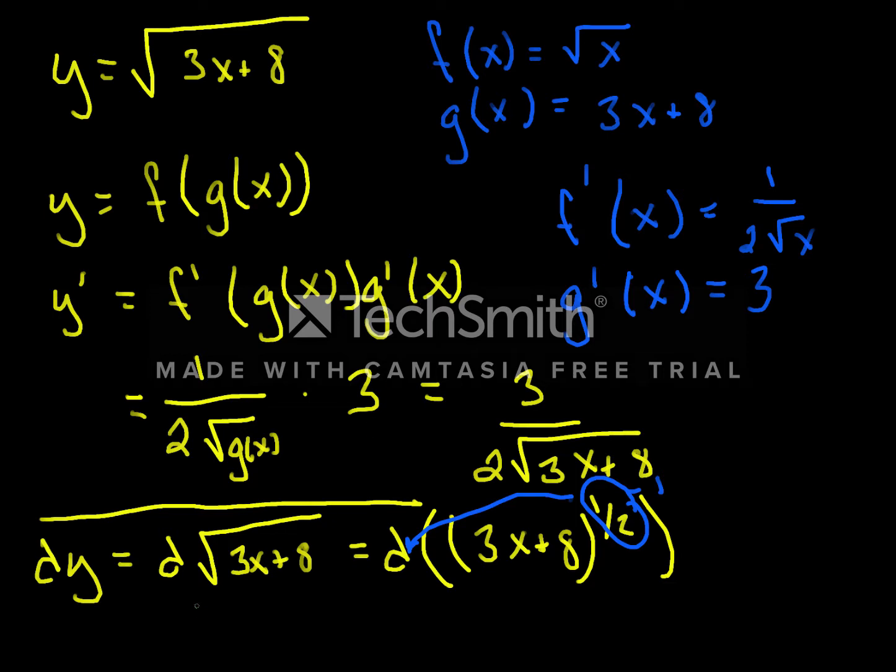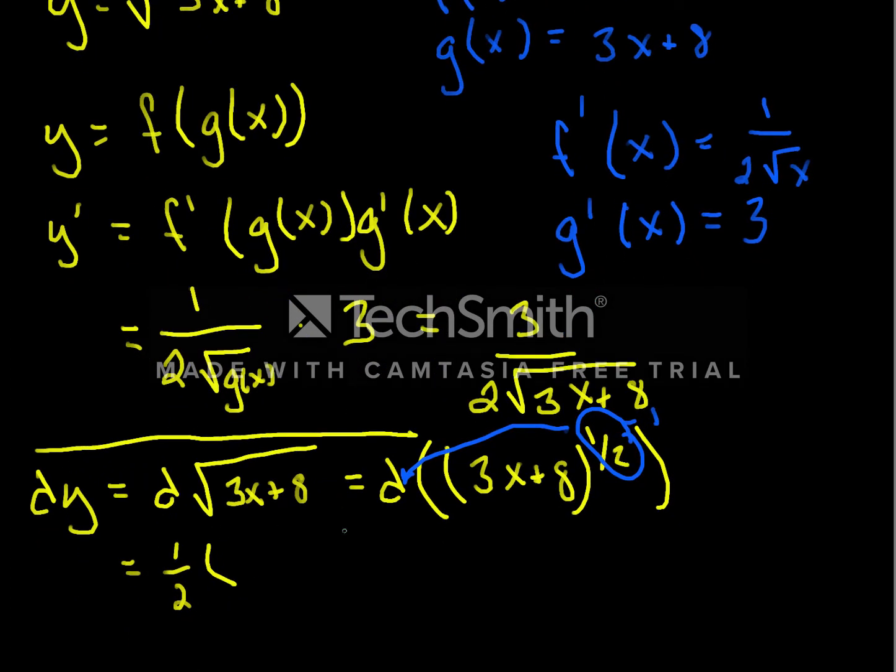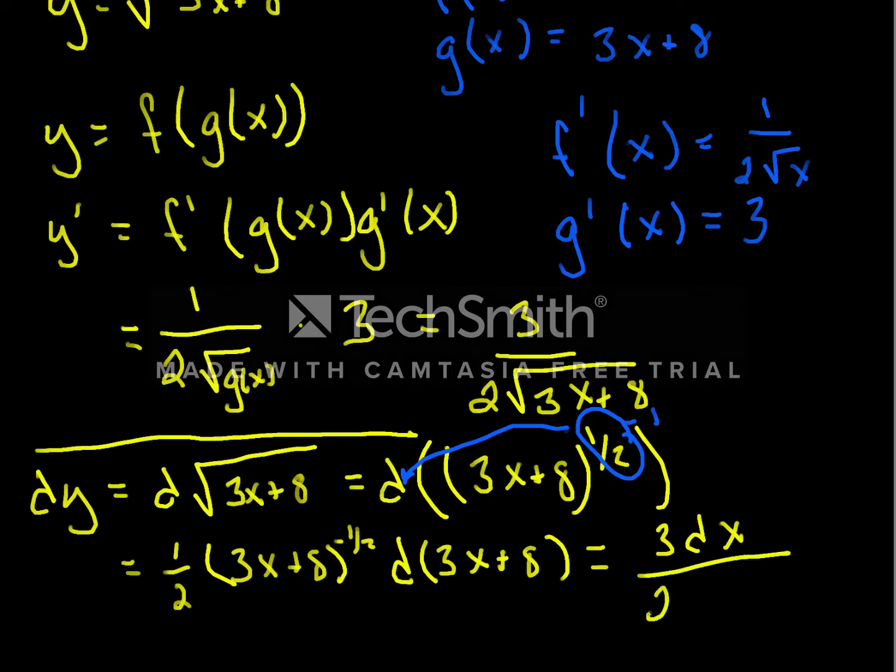So this is equal to 1/2 times 3x plus 8 raised to the minus 1/2. We still need our du, so d of 3x plus 8, and the differential of 3x plus 8 is 3 dx. So this is 3 dx all over 2 square root of 3x plus 8.